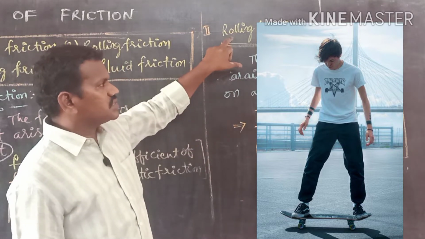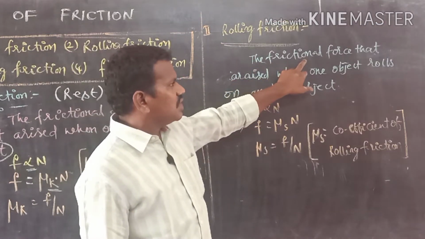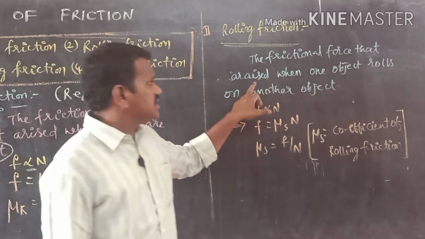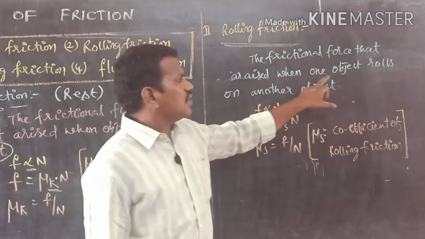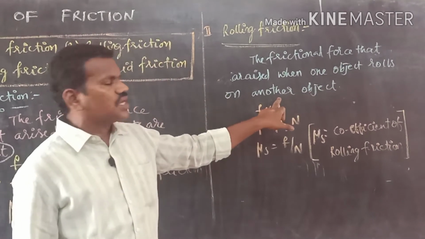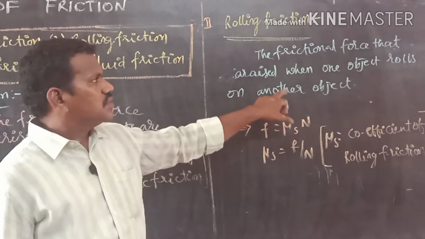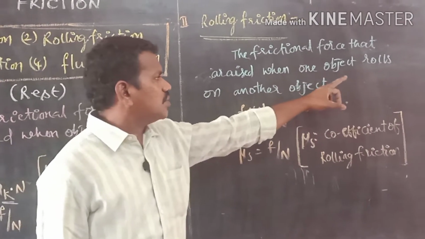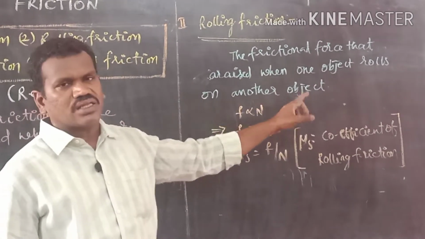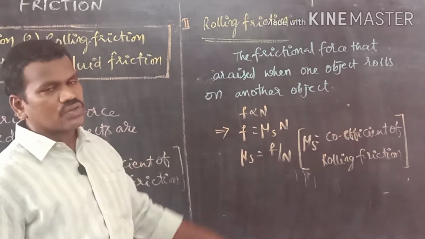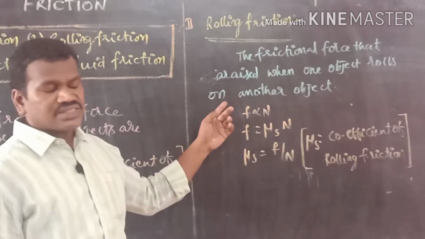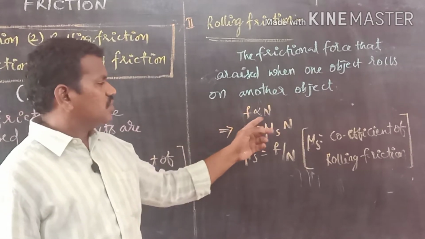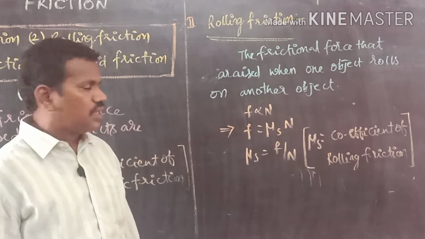Now see this rolling friction. The frictional force that arises when one object rolls on another object is called rolling friction. As per the formula, frictional force is directly proportional to normal force.